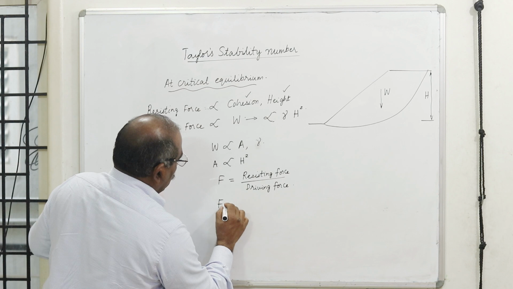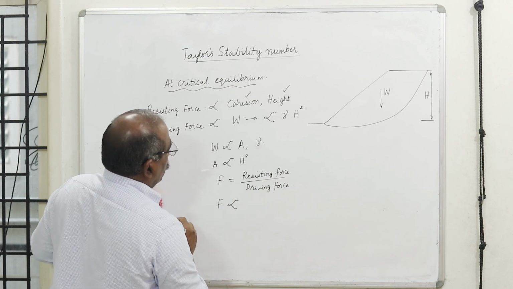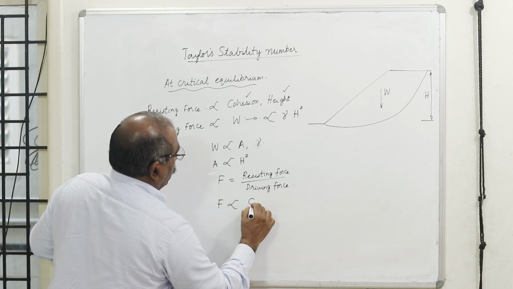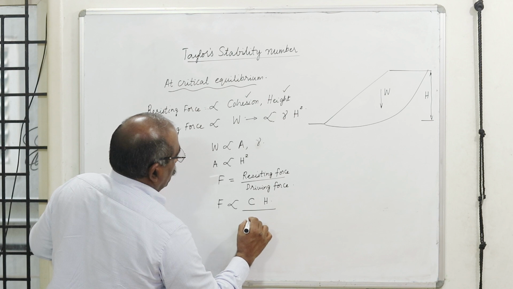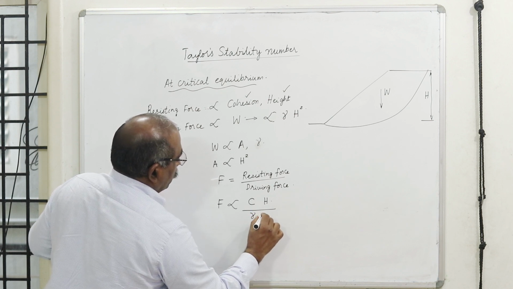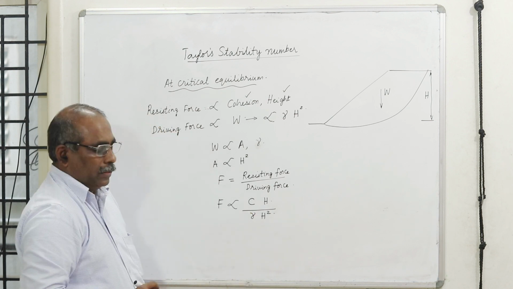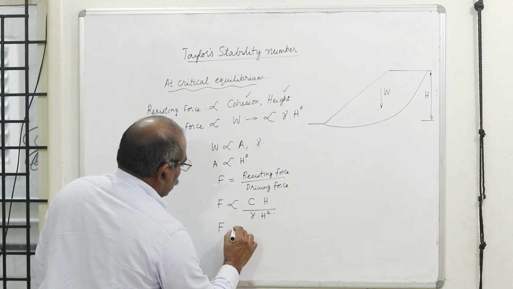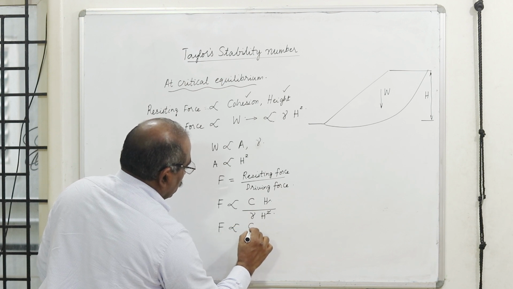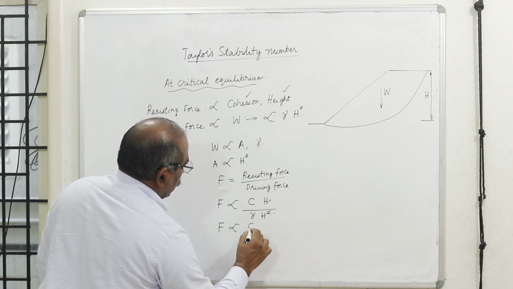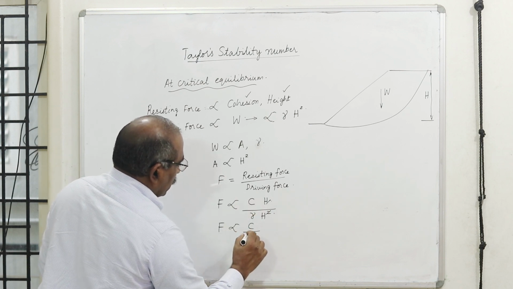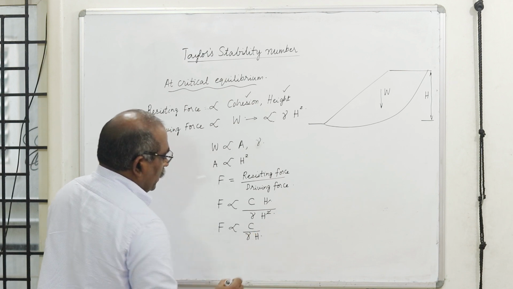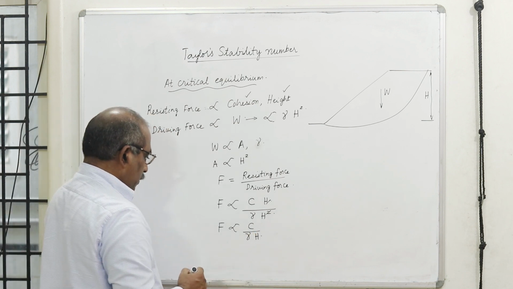Therefore, I can say the factor of safety is proportional to the cohesive force C and the height h, and it is inversely proportional to the unit weight and square of the height. Right? What he did is he tried to simplify this and he said the factor of safety depends upon C. If your cohesion increases, factor of safety linearly increases, and if the unit weight increases, the factor of safety reduces, and if the height increases, the factor of safety reduces.